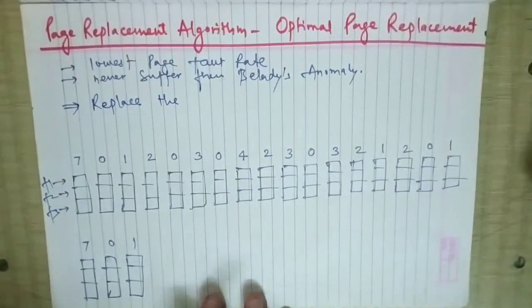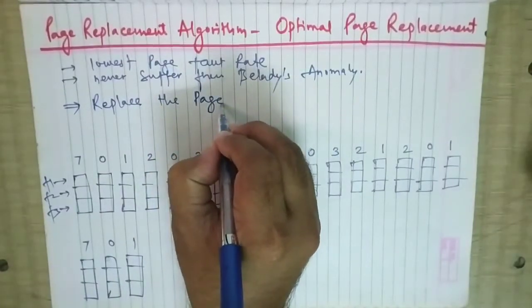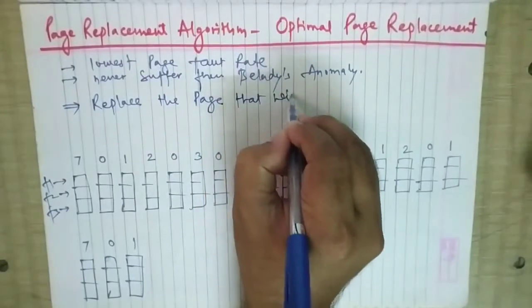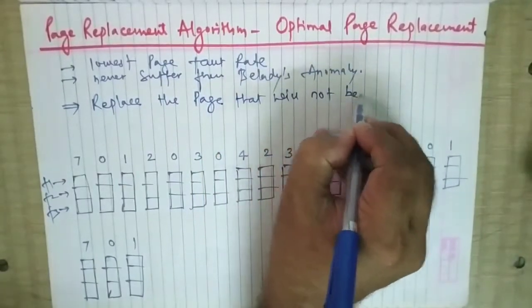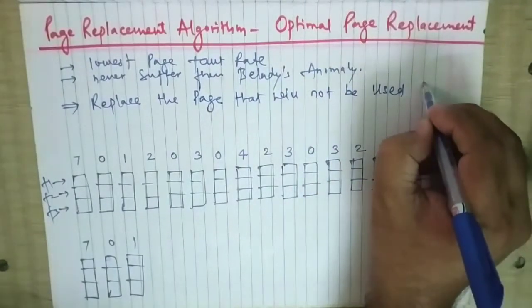According to the optimal page replacement algorithm, we have to replace the page that will not be used for the longest period of time.